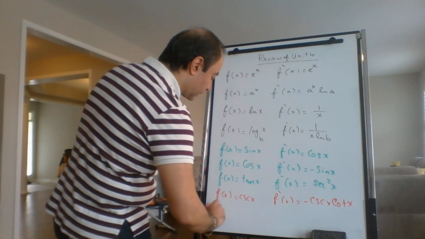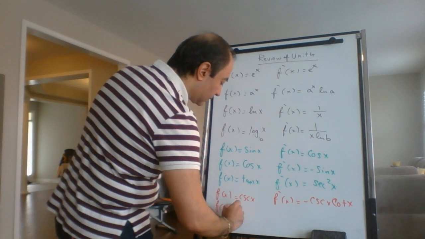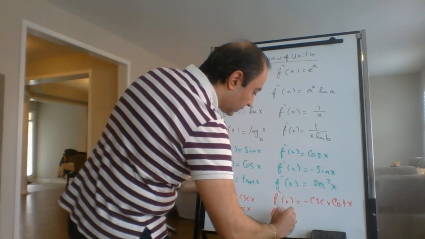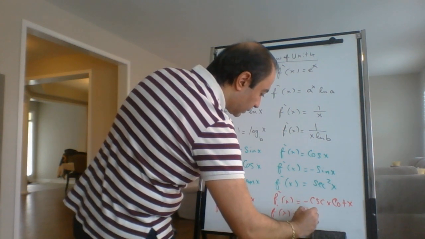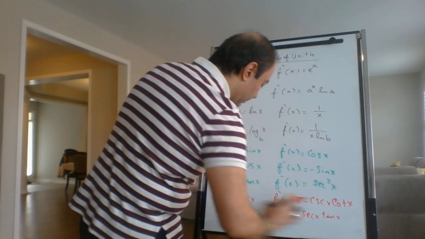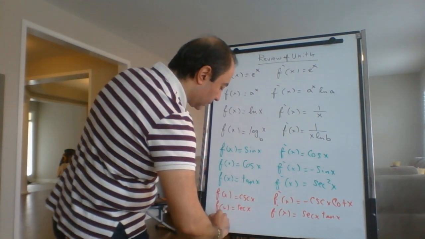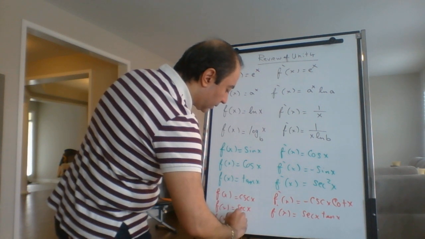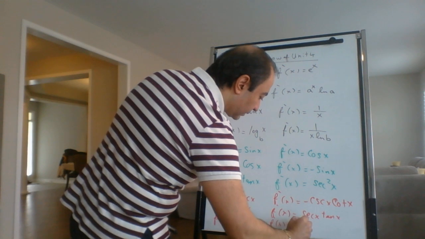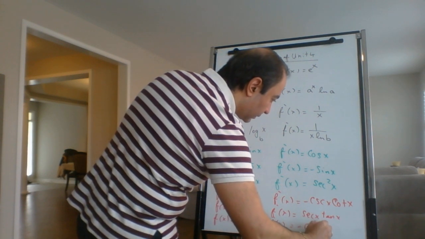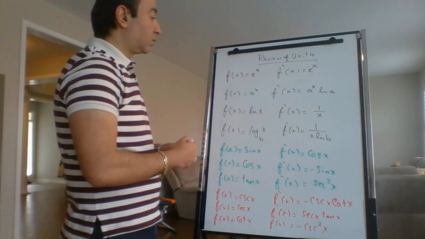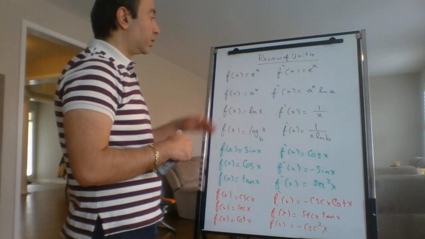If f of x equals secant x, f prime of x will equal secant x tan x. And if f of x equals cotan x, f prime of x will equal negative cosecant squared x. Okay, those are all the rules that we have learned in this unit.